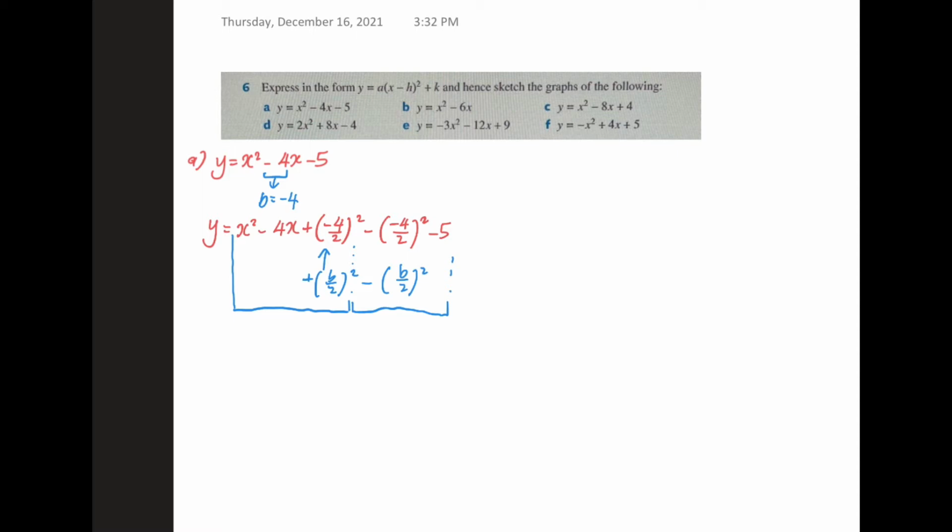So something like this: (x squared minus 4x... Let's simplify everything in the bracket and then square it. Minus 4 over 2 is minus 2. Minus 2 squared means minus 2 multiplied by minus 2. You get positive 4. Then minus 4 minus 5.